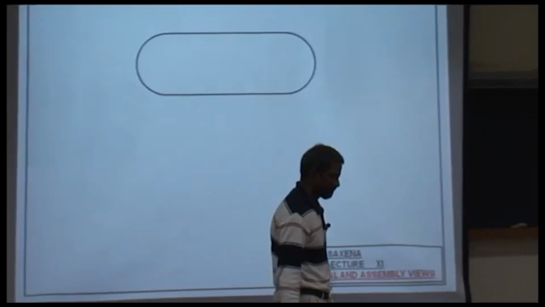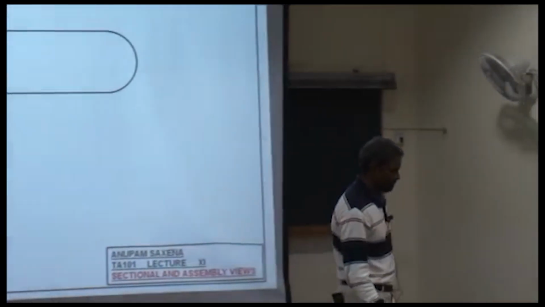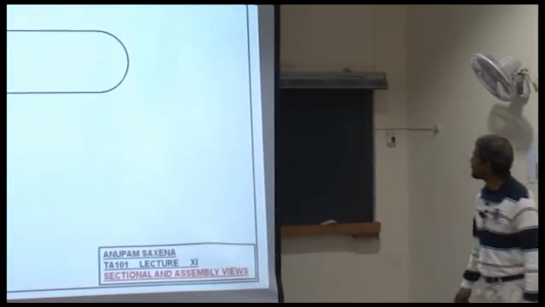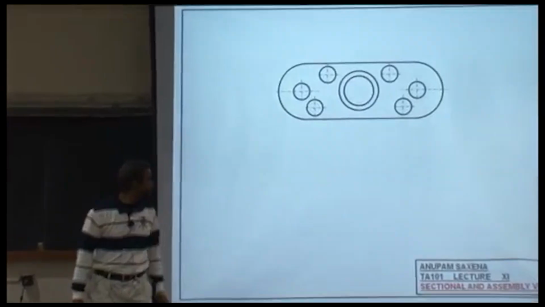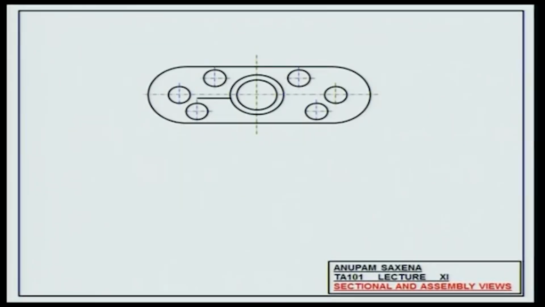So you have 2 lines, 2 semicircles on the left, on the right in the top view, a bunch of circles with center lines. I'm going to talk about this feature in a while, okay? And then you have some supporting structures called ribs, which I'm going to talk about today.